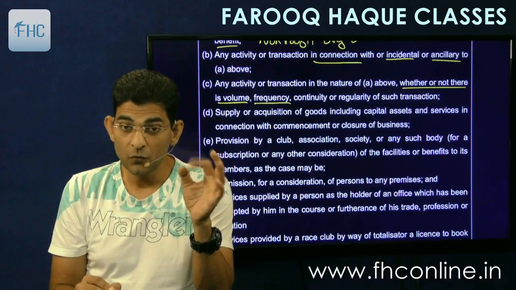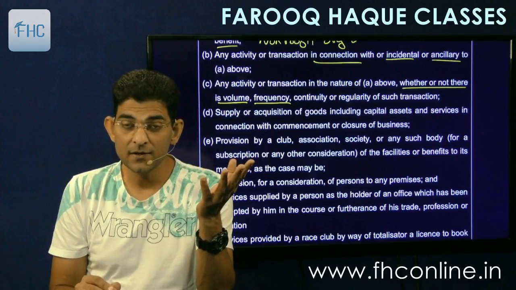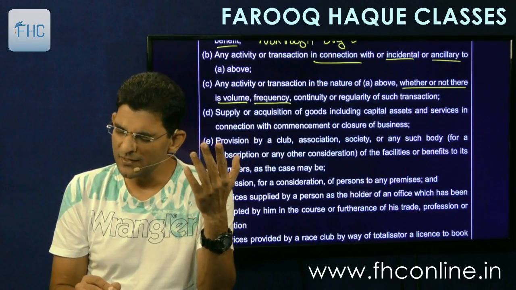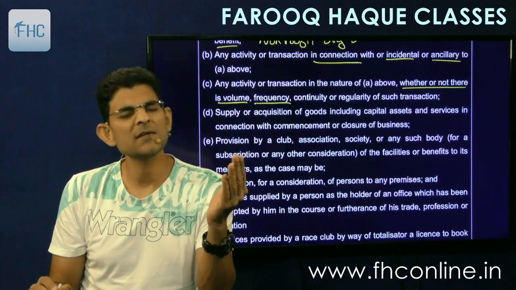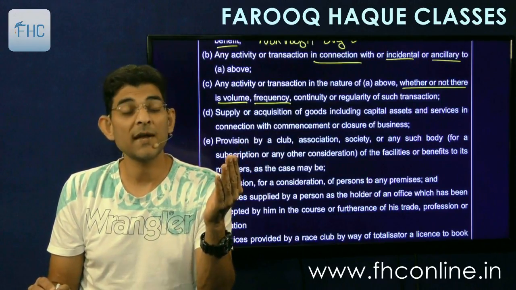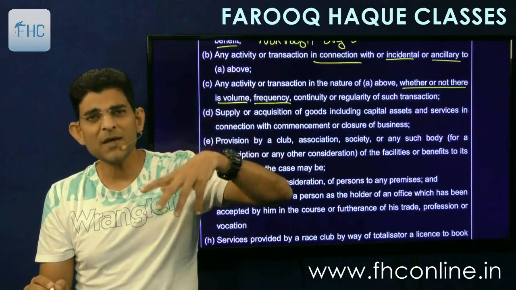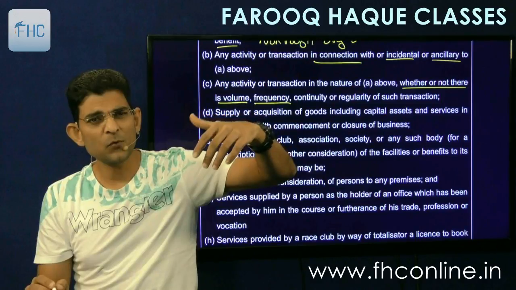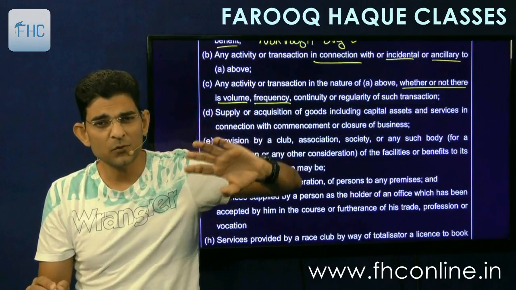Frequency. So volume is immaterial, frequency is immaterial. Like you are trading in land. Let us exclude that example because immovable properties are not covered under GST. Let's take another example. You are a second-hand dealer of motor cars. You don't do it regularly, but sometimes you purchase some second-hand motor cars and you sell them after refurbishing them or doing something to them.